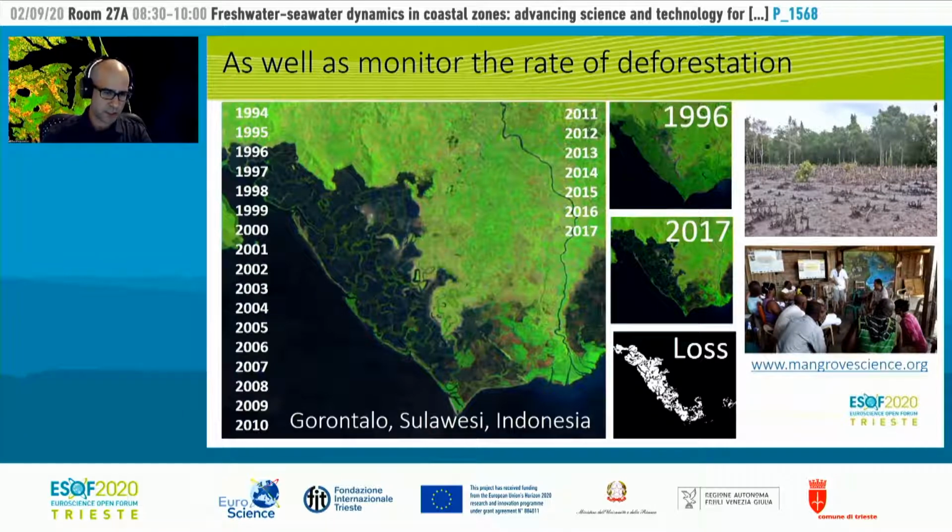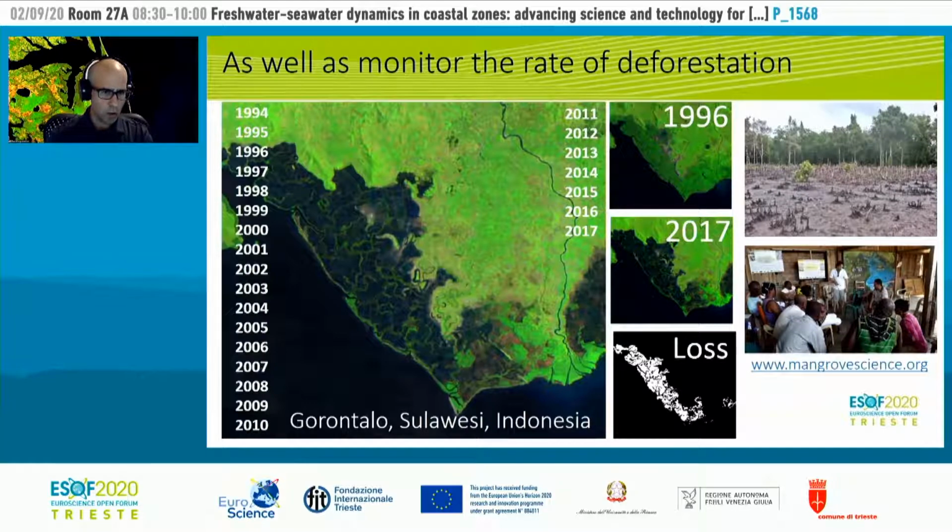What happens when you deforest these coastal regions is you're bringing the ocean closer to your water resources. In this case, there's the potential for saltwater intrusion into your aquifer, into your freshwater resources, as well as contaminants coming out of the shrimp ponds.